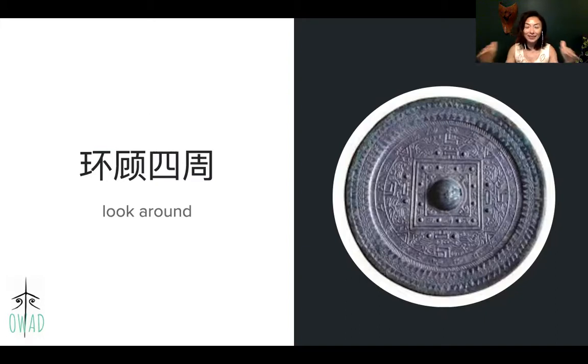So the land is a square, but you look at the sky, it's kind of a circle. Okay, so I want to use this to illustrate four, 四周, like four directions of your nearby surroundings, the vicinity. That's the sense of why we use four to mean all four directions, right?